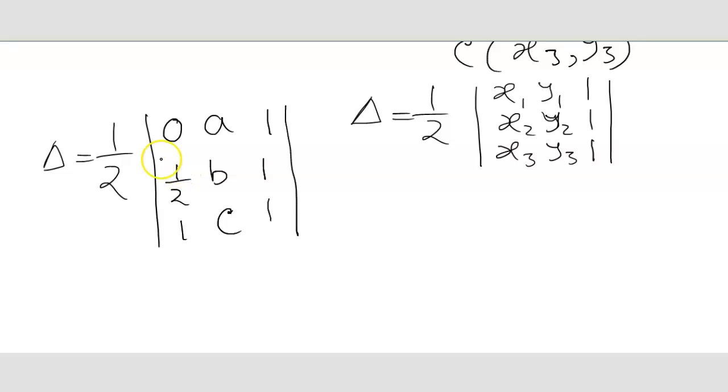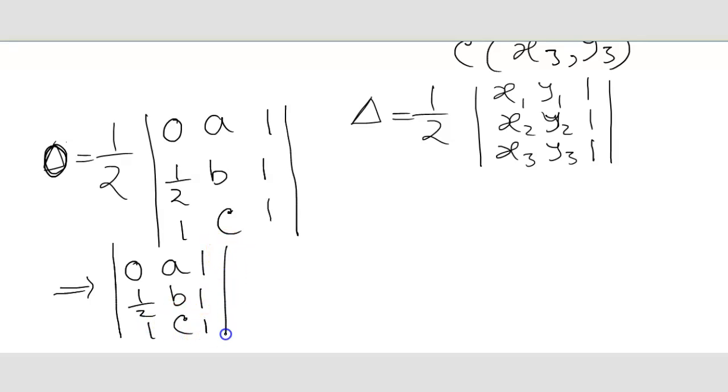And we know that this determinant is nothing but 0. So we have to expand this determinant and find the relation between a, b and c.